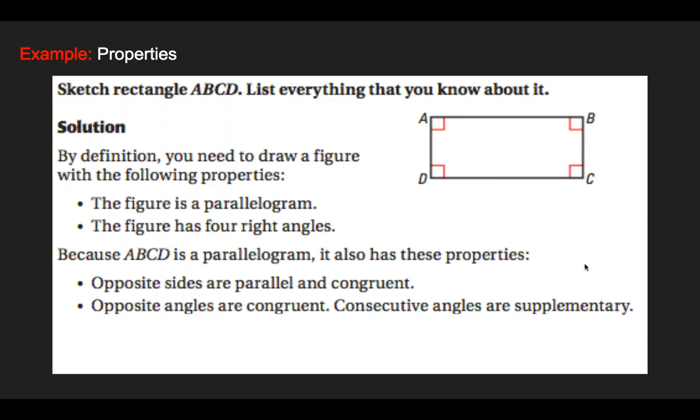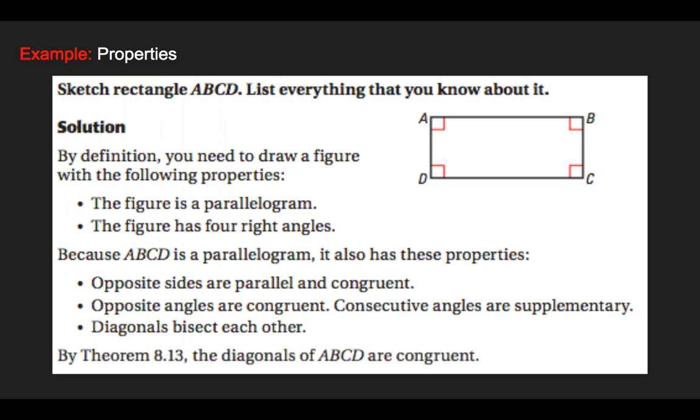Remember, everything that was true in the last lesson must also be true in this lesson. The diagonals bisect each other. DB would bisect AC. But not only would they bisect each other, they would also be congruent. DB would be equal to AC. That's a lot of stuff that has to be true about one figure.